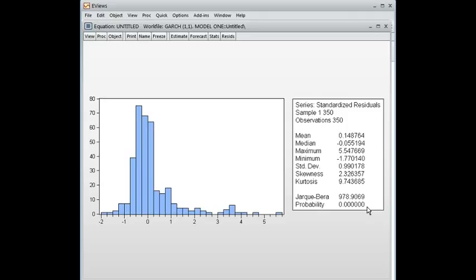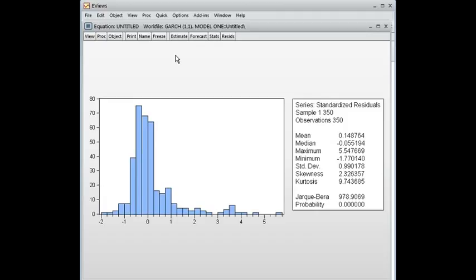The decision for this GARCH(1,1) normal distribution model is that there is no serial correlation and no ARCH effect, which are good signs, but there is one bad sign: residuals are not normally distributed. So this is the result for this model.